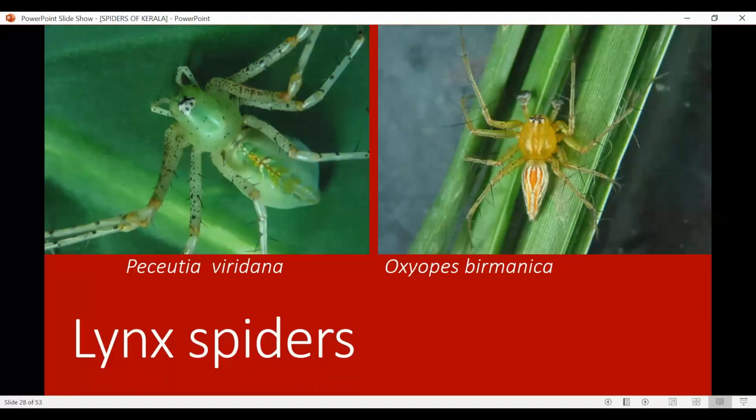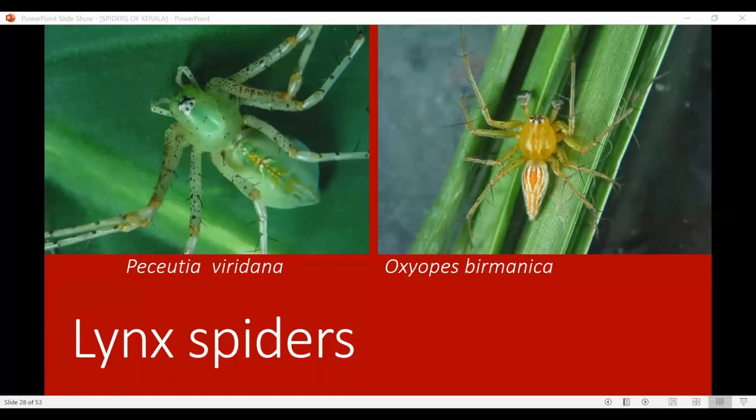In the family Oxyopidae, they are popularly known as lynx spiders because they have an ambushing nature, pouncing upon the prey by hiding under the leaves. These lynx spiders are usually characterized by very prominent spines, and very long legs covered with many erect spines. They do not build any web, and they have very good eyesight. By simply looking at the pattern of eyes, the oxyopids have a hexagonal-like pattern.